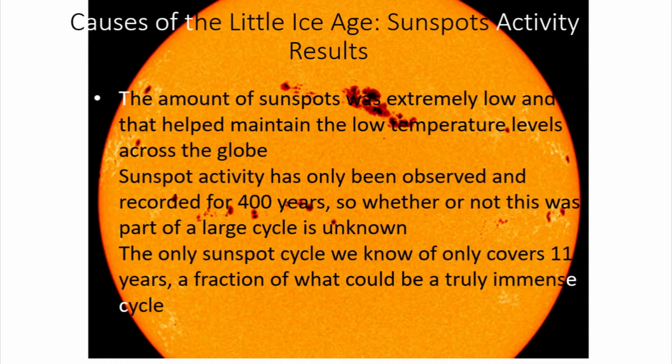So the sunspot cycle is incomplete as far as we know it. The 11 years could be a fraction of what it could actually be. It could be thousands of years long, and it could help explain previous ice ages, but sunspot activity is still a relatively new theory, and we're investigating it.